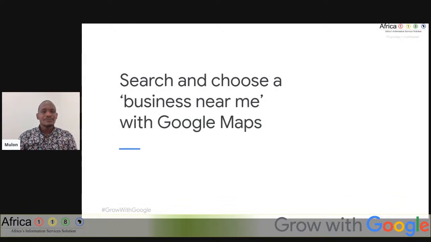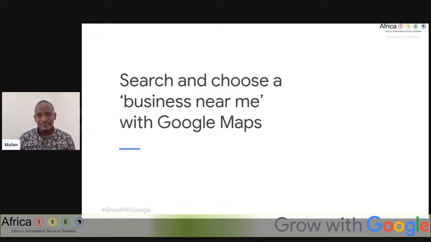I want to ask this question for all those businesses that have joined this particular session. If maybe you are using your phone or you are using your laptop, but not your phone if you're following this particular webinar, just write down the first thing that you'll do. After this session, just search businesses near me on Google Maps.